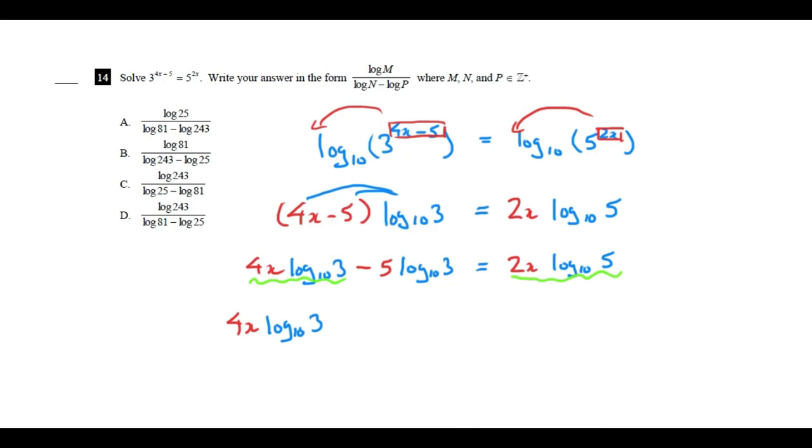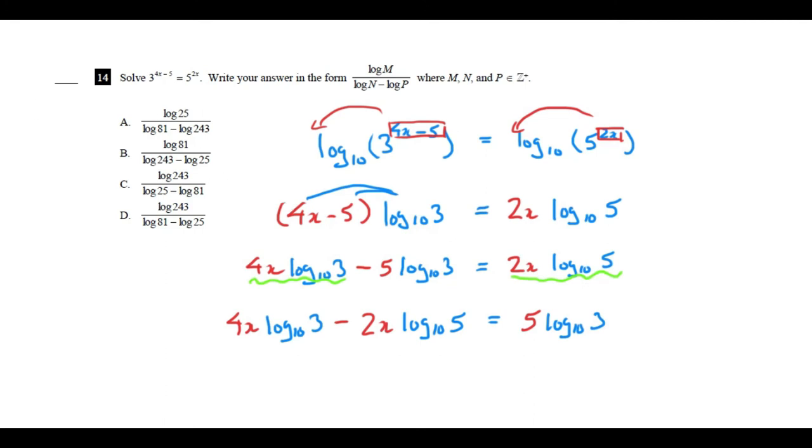So I'll subtract this 2x expression from both sides. That'll be minus 2x multiplied by log base 10 of 5. And then I'll also add this. This is just a number, a constant. I'm going to add that 5 log base 10 of 3 term to both sides, and it will show up now over on the right as 5 multiplied by log base 10 of 3.